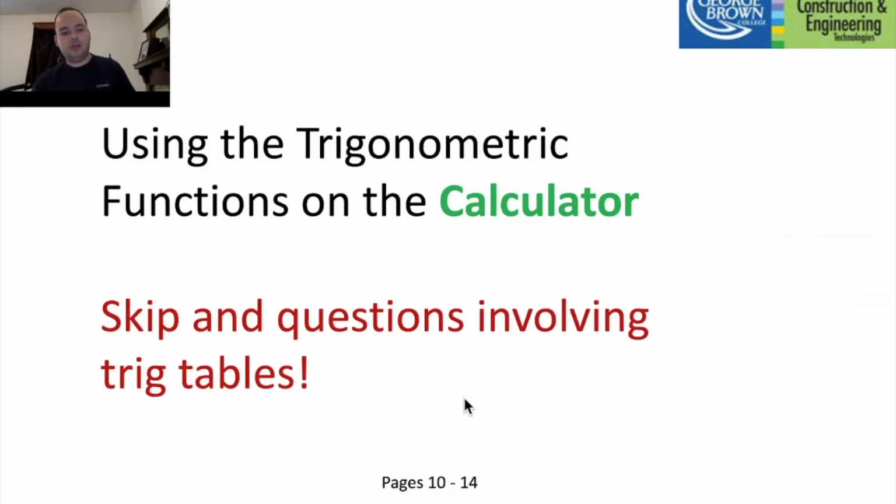So let's talk about that calculator a little bit more. If you go to the notes, there are some pages, 10 to 14, where I start talking about trig tables. Now, trigonometric tables are somewhat historical, meaning that many years ago, when people didn't have these calculators that we have that are super powerful and super cheap, they had to do all this stuff by hand, or use other devices, and it was a lot of work.